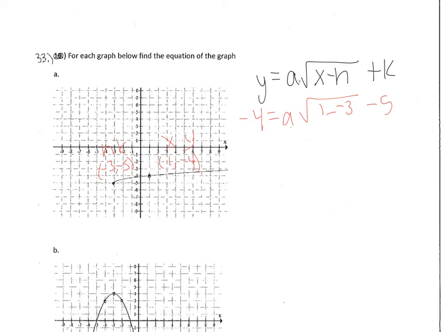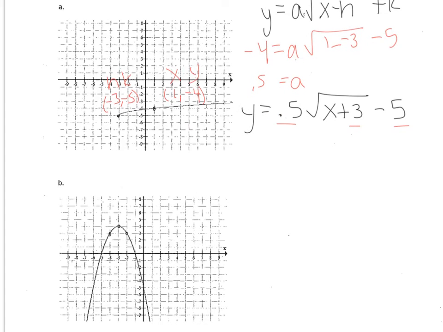In this situation, we have that a is equal to 0.5 once I do it all out. And then I write the original equation, which is y equals 0.5 square root x plus 3 minus 5. Okay? Remember, I always plug in the a, the h, and the k again.